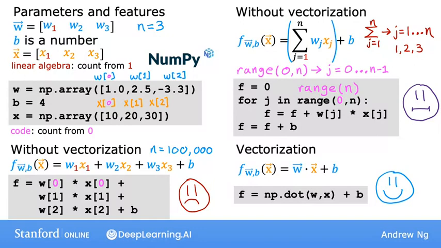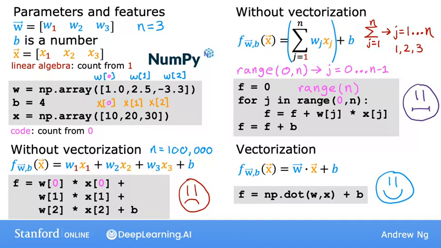I want to emphasize that vectorization actually has two distinct benefits. First, it makes the code shorter. It's now just one line of code. Isn't that cool? And second, it also results in your code running much faster than either of the two previous implementations that did not use vectorization. And the reason that the vectorized implementation is much faster is behind the scenes, the NumPy dot function is able to use parallel hardware in your computer.